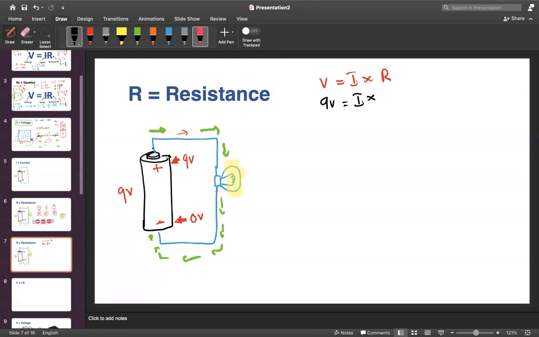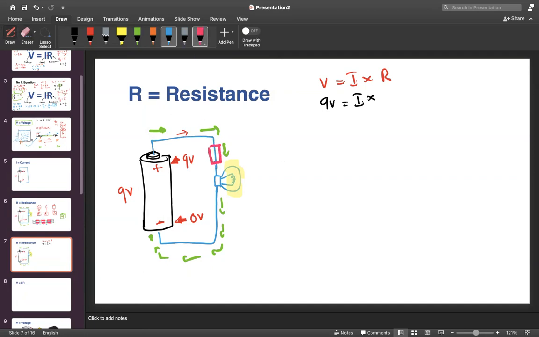The fact is every wire has its own resistance, right? But for the sake of this, let me connect a resistor here, right? Now there's a small resistor here. Let me color it the way that we know, right?